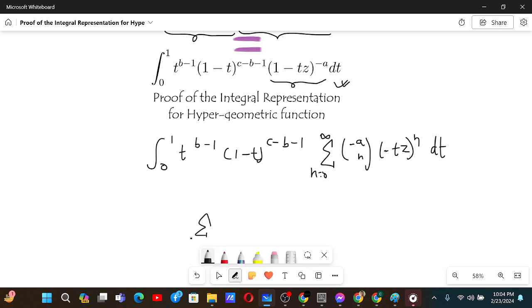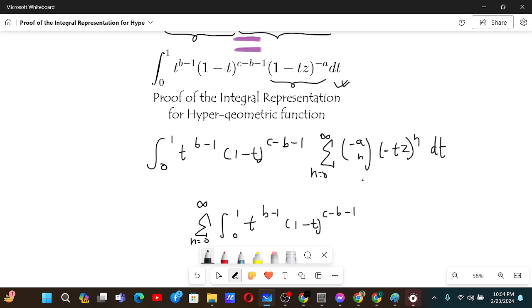Now let's interchange the sum and integral. Sum going from n equals 0 to infinity, integral going from 0 to 1, t to the power b minus 1, 1 minus t to the power c minus b minus 1.